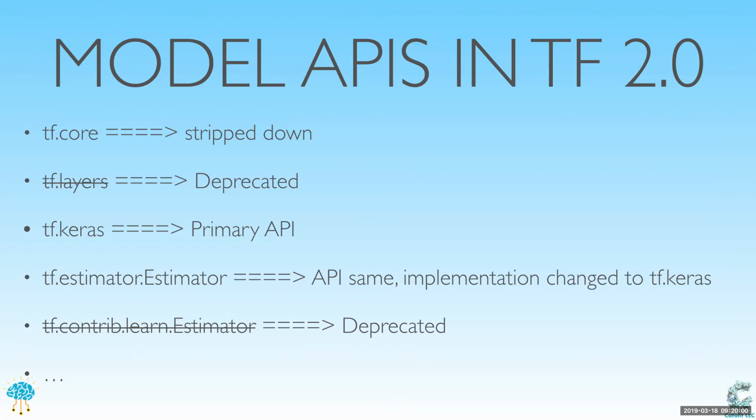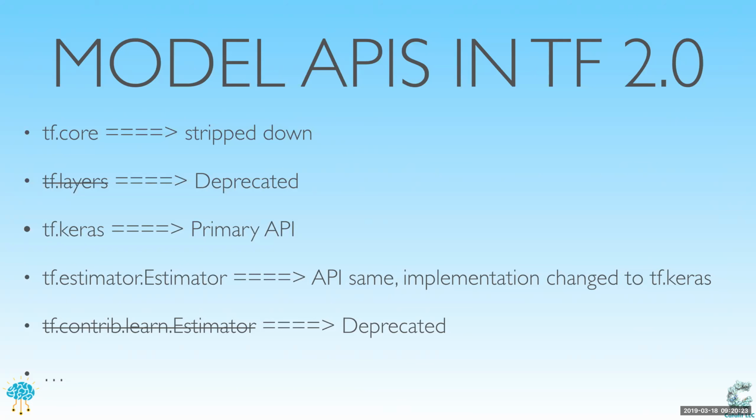TensorFlow layers is completely deprecated. And this is because the primary API for definition of models through the use of layers is Keras. Okay, so if you've never used Keras before, I strongly encourage you to familiarize yourself with it, because that's going to be the API that stays.